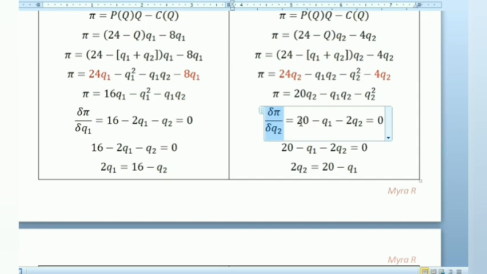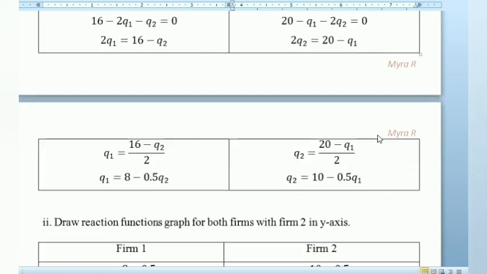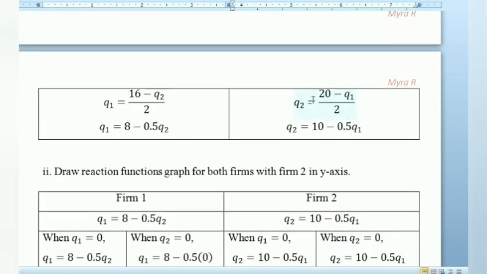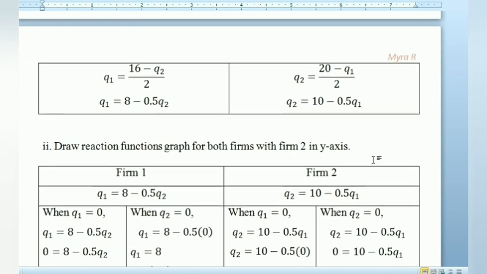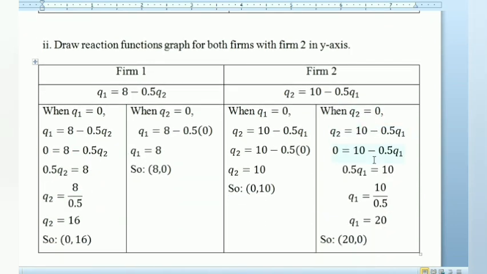Then we differentiate the profit of firm 2 with respect to Q2, so we get 20 minus Q1 minus 2 Q2. We make Q2 the subject, so we divide by 2, and we get the function for Q2.